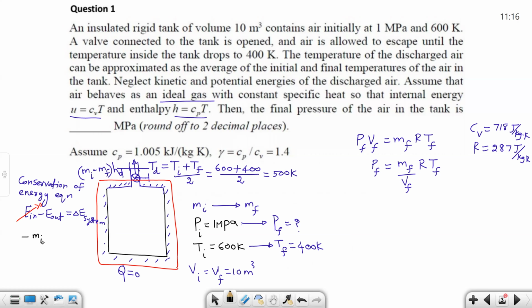The initial mass minus final mass times the enthalpy of the discharge. So this is the energy going out. Then the change in internal energy means final internal energy minus initial internal energy.